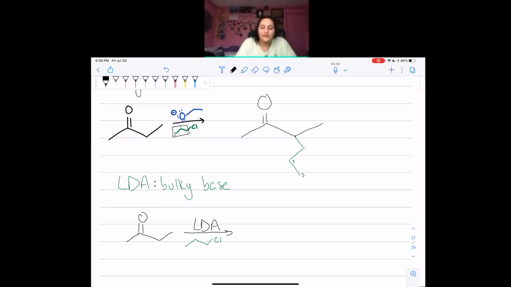This is your R group. That doesn't change. But the bulky base means you can only add on the less substituted side. So only when you have LDA, you are going to add your group to the less substituted alpha carbon. So you would get 1, 2, 3.